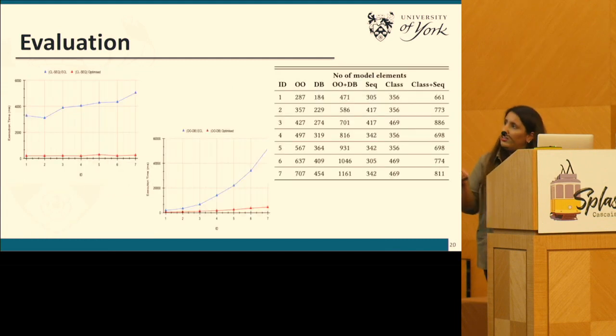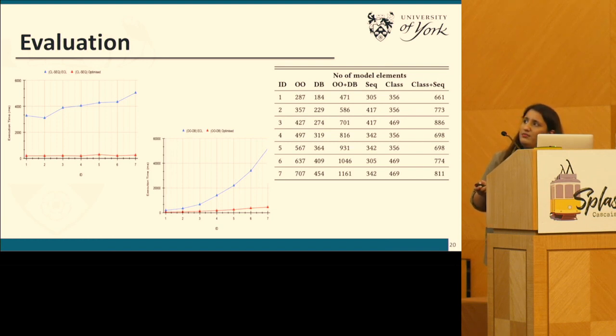Here, the graph that you can see compares class and sequence diagram models. This blue line is for the traditional ECL, and this red line shows the optimized ECL. And you can see there is a huge difference in the execution time.